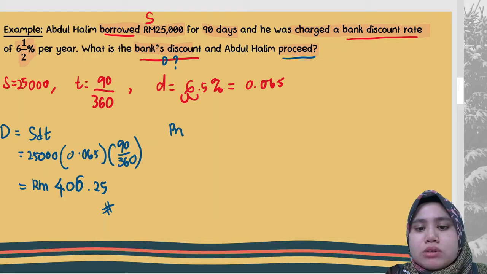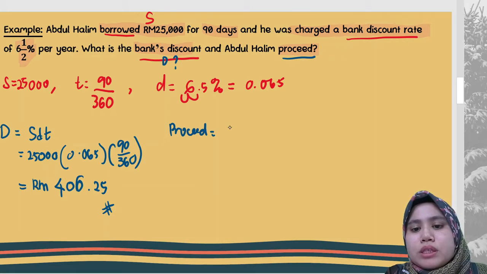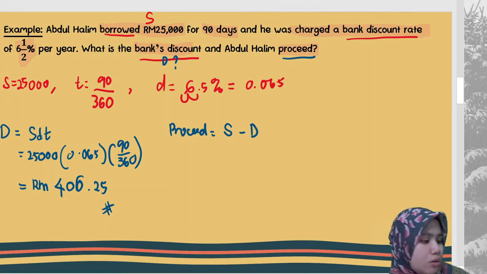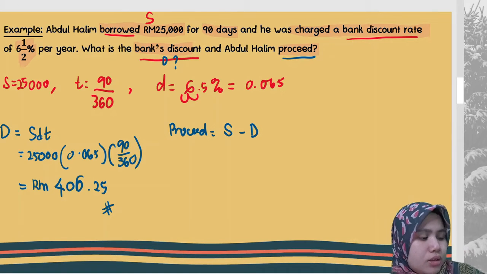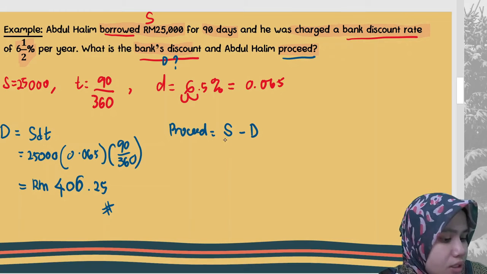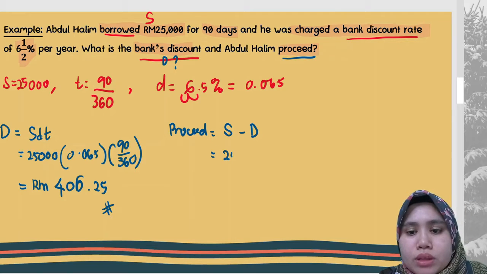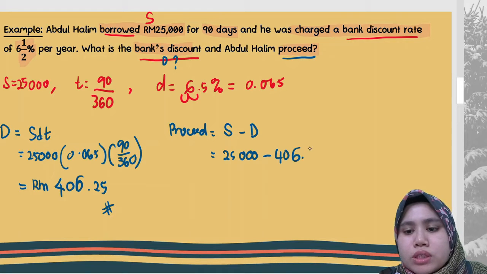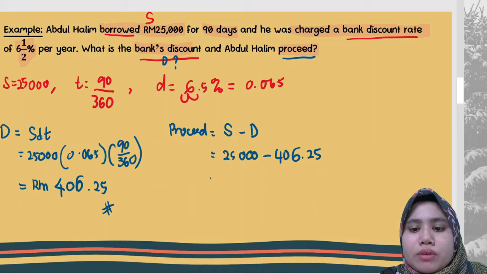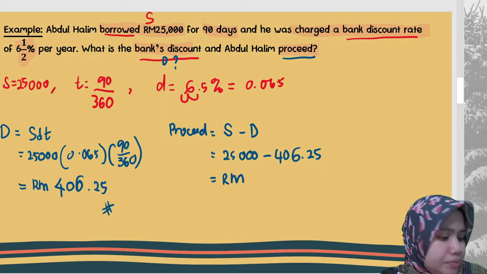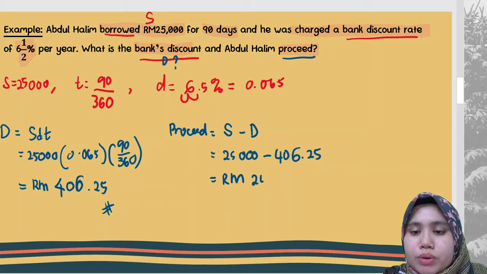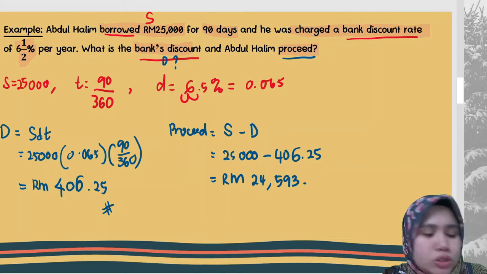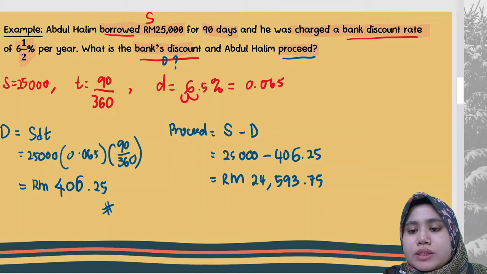Next we want to find the proceed. Proceed is equal to your total loan minus D, the total loan that you make. So your total loan is 25,000 minus 406.25. How much is it? It will be 24,593 ringgit 75 cent.